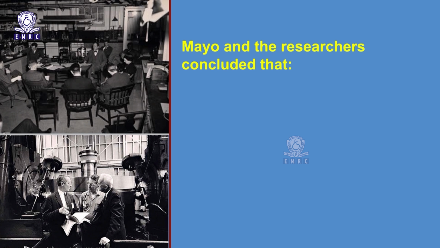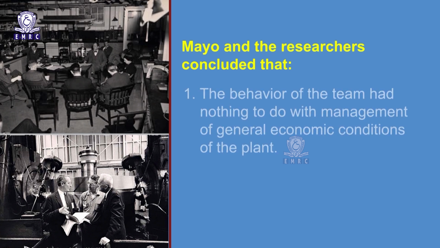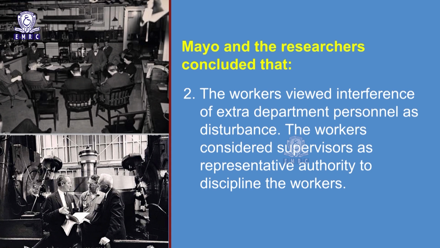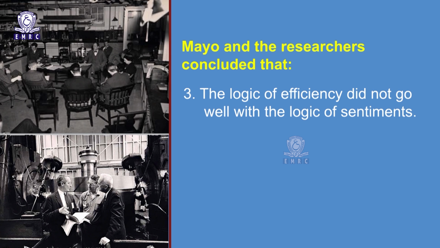Mayo and the researchers concluded that the behavior of the team had nothing to do with management or general economic conditions of the plant. The workers viewed interference of extra department personnel as disturbance. The workers considered supervisors as representative authority to discipline the workers. The logic of efficiency did not go well with the logic of sentiments.